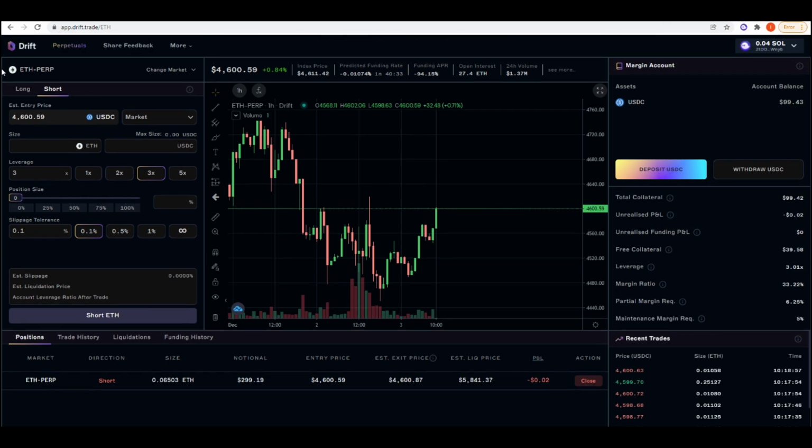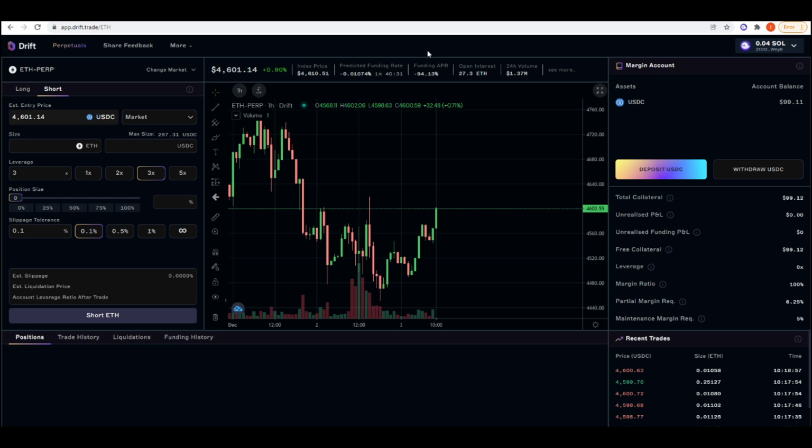So now that Drift is up and running, we can start doing some really cool things with it, especially some delta neutral trading. As you can see here, the funding APR on the ETH perp is minus 94%. So you get paid 94% a year to long the ETH perp.